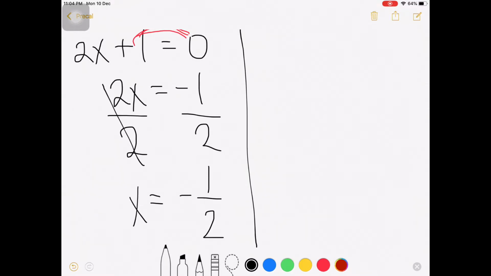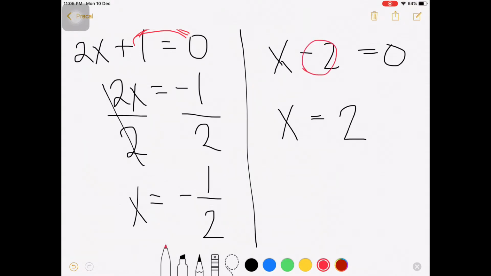And then the other factor is x minus 2 is equal to 0. We isolate x, so x equals positive 2 because the negative 2 was transposed to the other side.